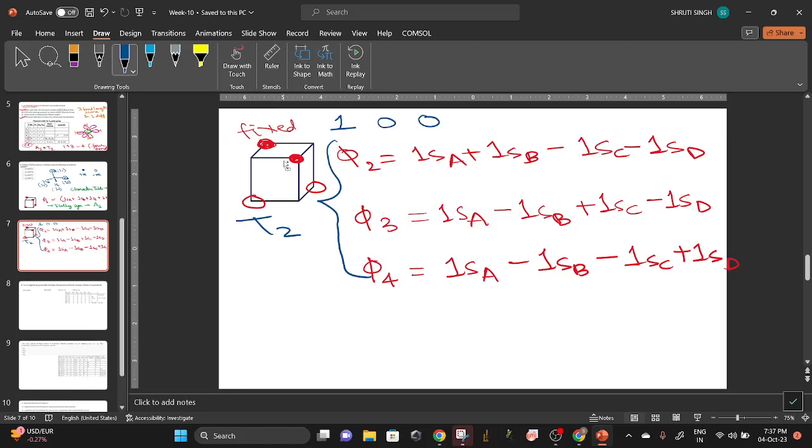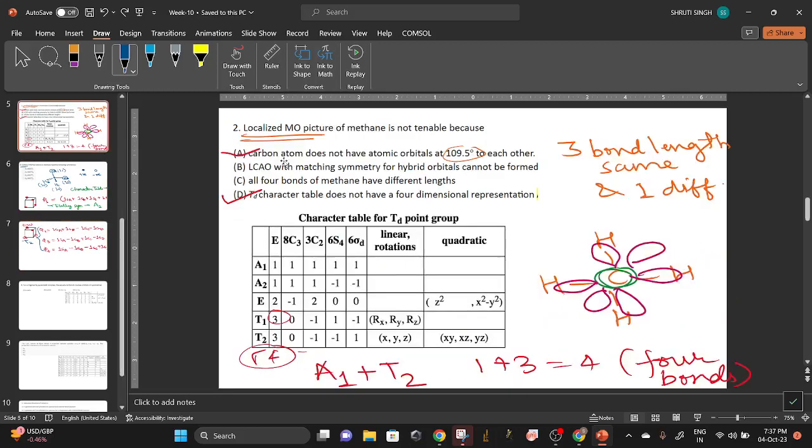Sir actually did not do it this way. What he did was, he told that T2 is triply degenerate and we have 3 C2s. In the character table, T2 is triply degenerate, and we have 3 C2s, so they should be symmetric with respect to 3 C2s.